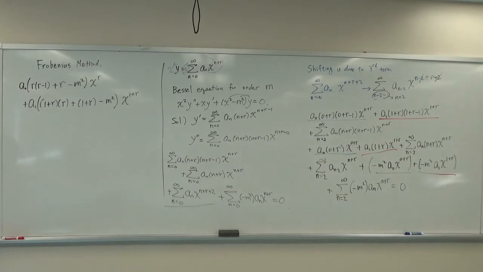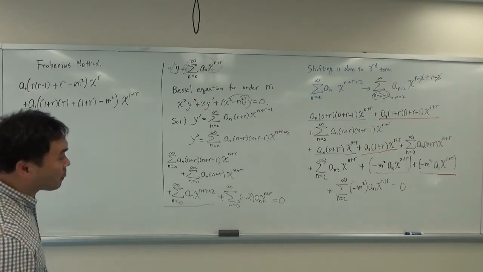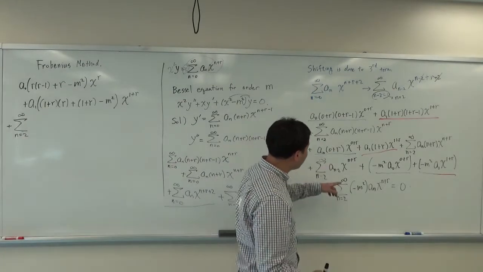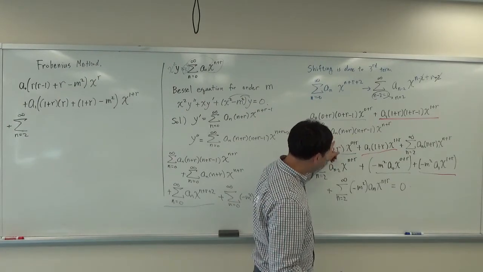Okay. And then we have a humongous sum: plus the summation from n equals 2 to infinity, a very big sum. Well, it's everything that's remaining, but let's first collect the ones that have a_n in there.